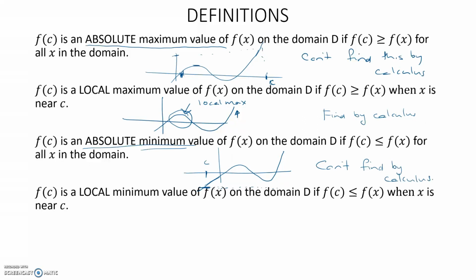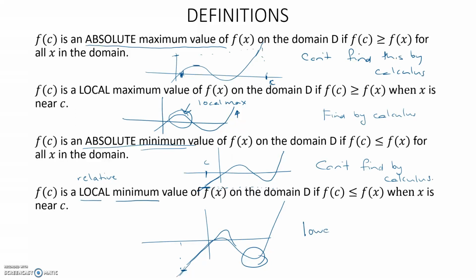If we're talking a local minimum, sometimes you'll see these referred to as relative minimums or relative maximums. Same picture. This is the lowest in the neighbourhood. It's a local minimum, even though it's not as low as, say, that one.